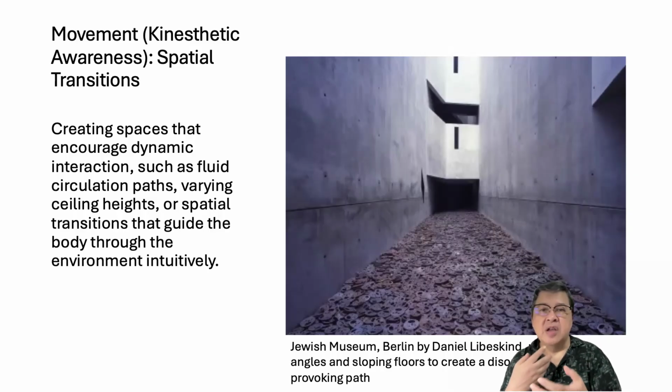So this is trying to evoke those emotions. This is under creating spaces that encourage dynamic interactions, such as fluid circulation paths, varying ceiling heights, or spatial transitions that guide the body through the environment intuitively. You will feel that you question the emotions of using the space, and that is the spatial transition principle.